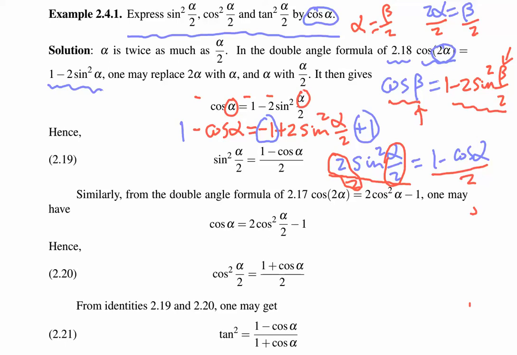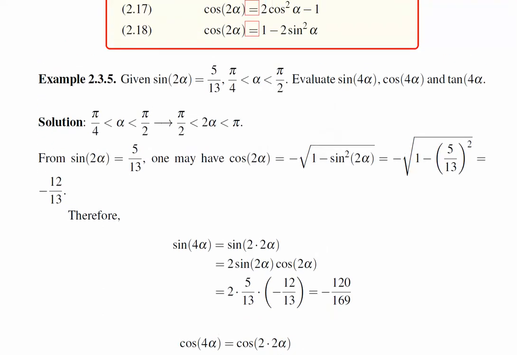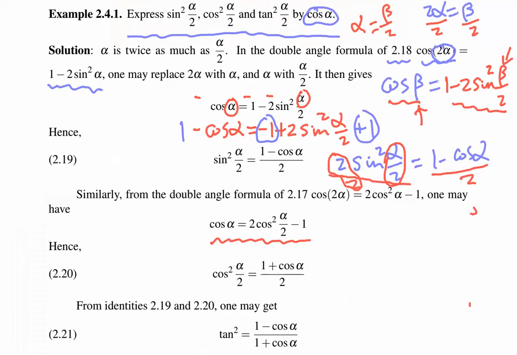All right. This one is similar. You can get this one the same way. Previously we learned cosine 2 alpha equals 2 cosine alpha squared minus 1. That's what we got before.